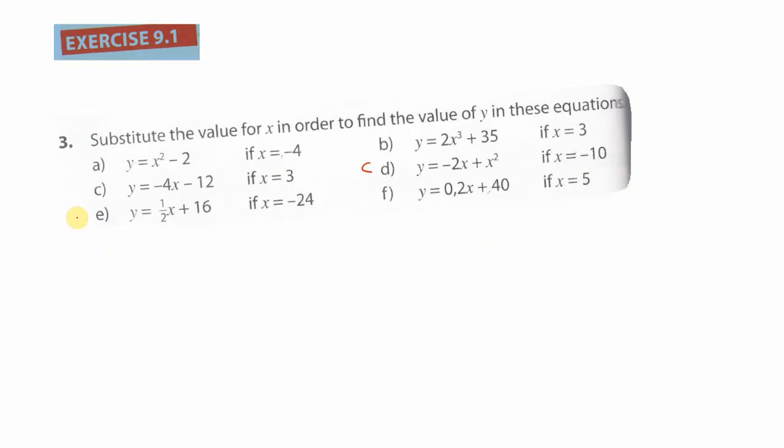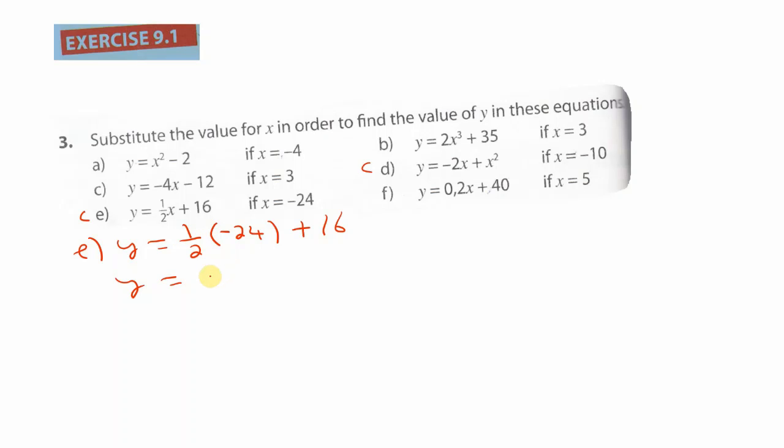Let's look at number 3e. So we have to replace wherever we see x with brackets negative 24. So y equals half, not x now, but negative 24, plus 16.